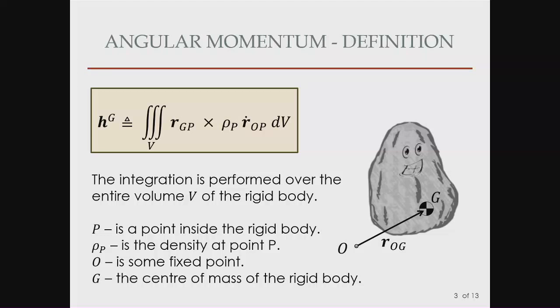But instead of A, we are using G, because we want to calculate about the center of mass. Why are we doing that? For convenience, you will see later.